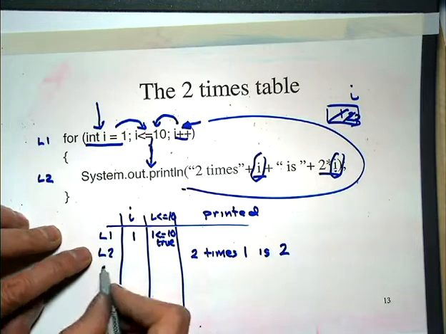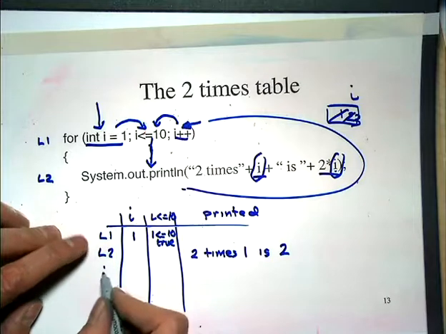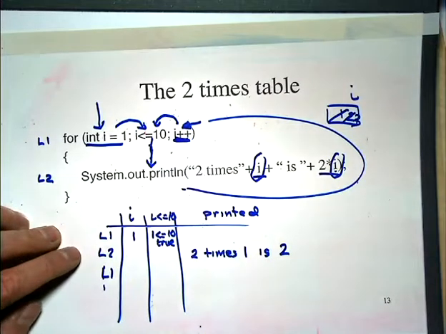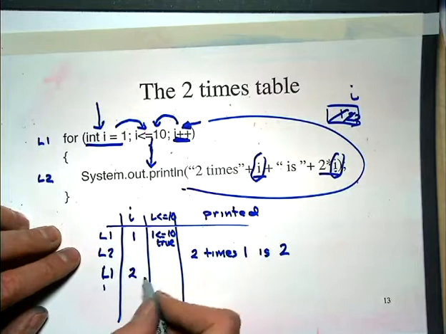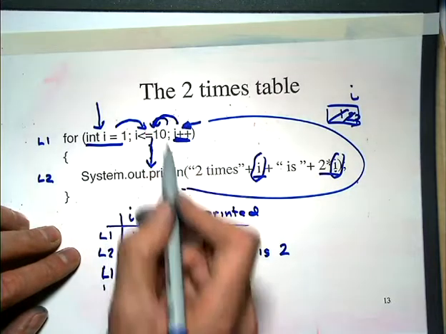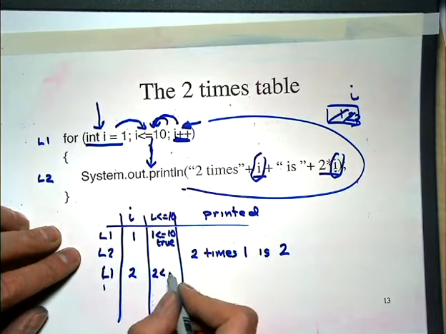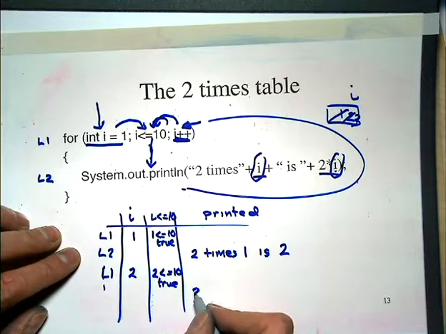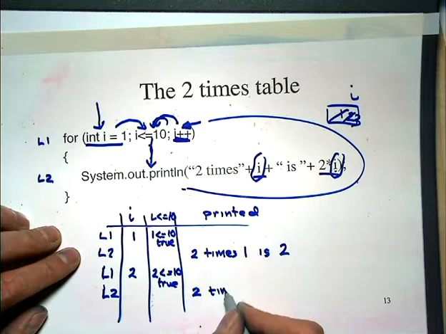And then I go back to line 1, but I do this bit of line 1, which is an assignment, so I change that to 2, and then I do the test again, so I now ask is 2 less than or equal to 10, and that is true. So what do I print? I go back to line L2 and I print 2 times 2 is 4.